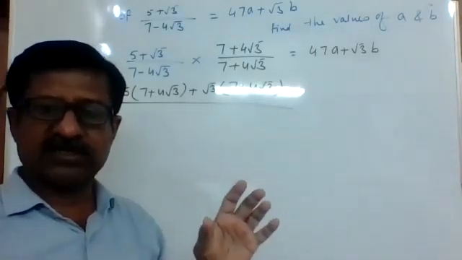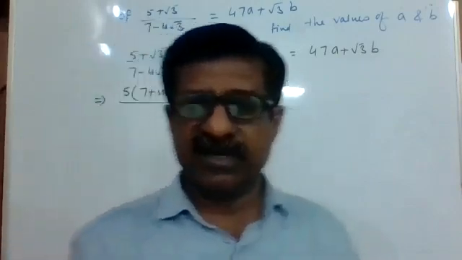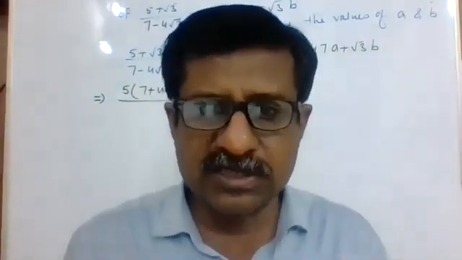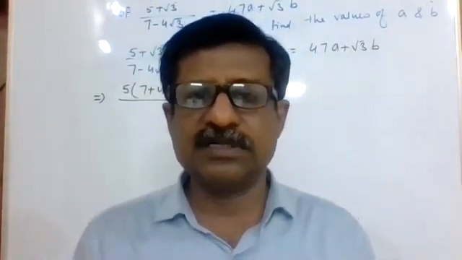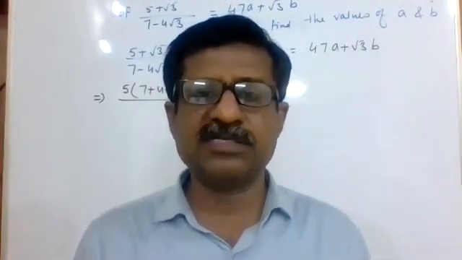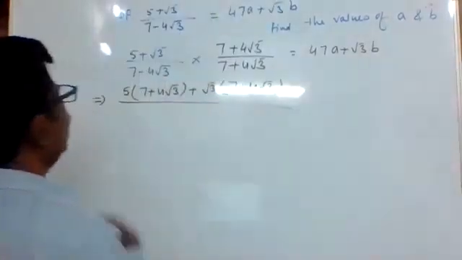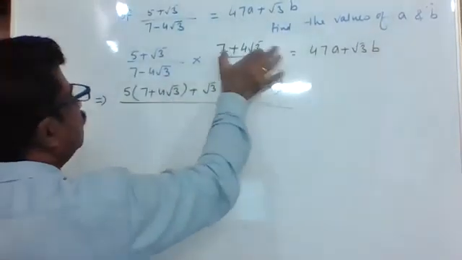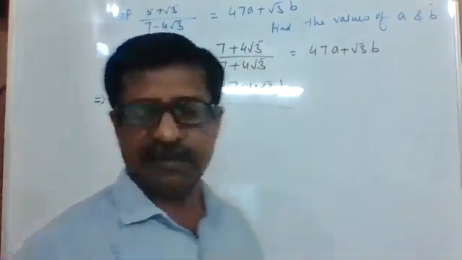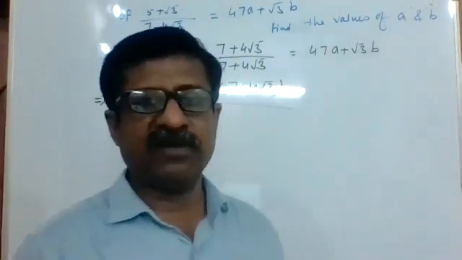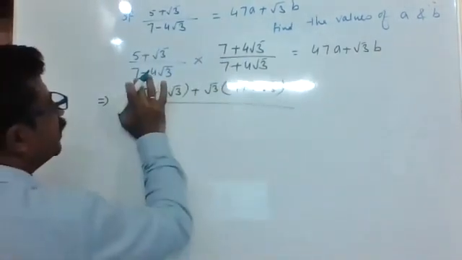While teaching the topic multiplication of irrational numbers, we had discussed so many questions where the two irrational numbers, both of them binomials, how to multiply them. Same way, we multiply this 5 with 7 plus 4 root 3 and root 3 with 7 plus 4 root 3. That means 7 plus 4 root 3 has to be multiplied with both 5 as well as root 3. But the denominator is simpler.